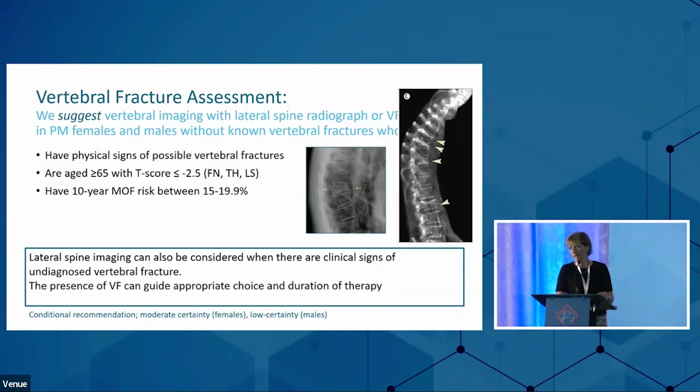The reason we suggest this is that when there is evidence of vertebral fracture on the assessment, this will change the category of risk, and this may also change the initial treatment that the clinician will choose.